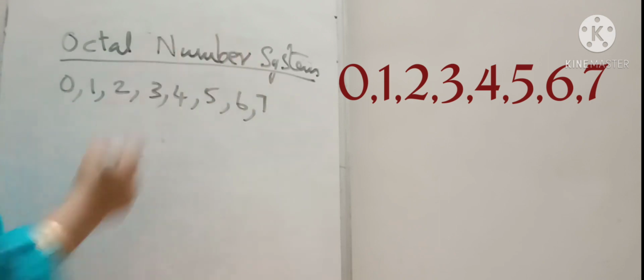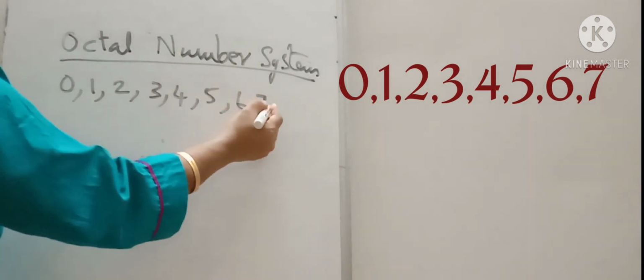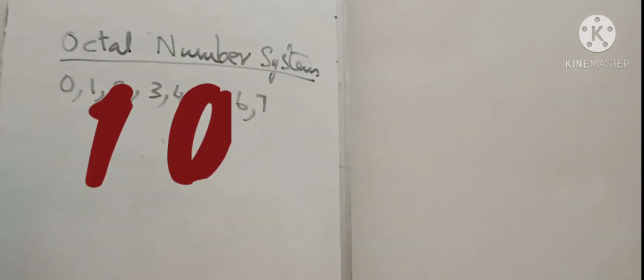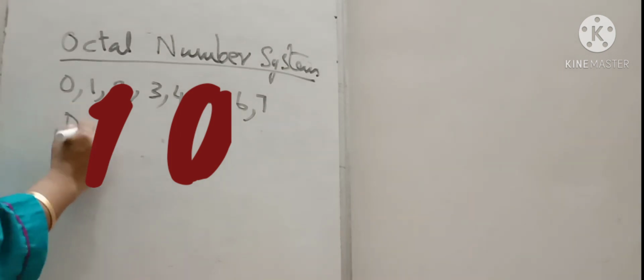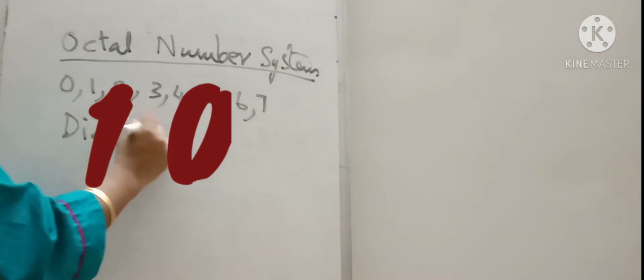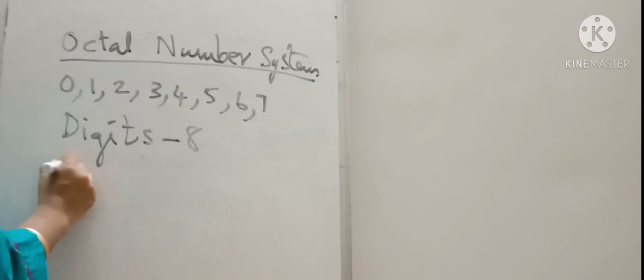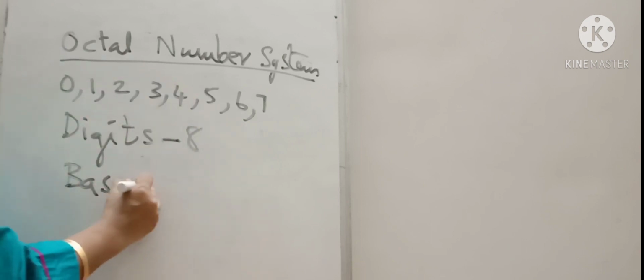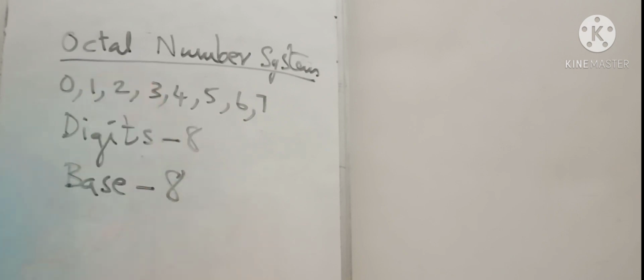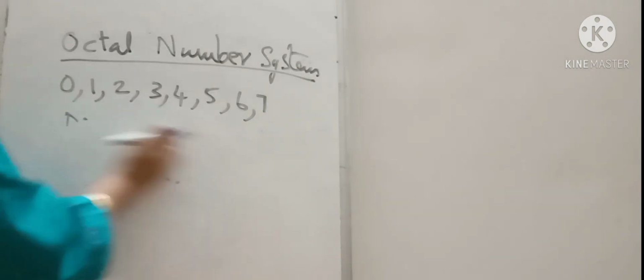There is no 8. For 8, we will use the combination of 1 and 0. Okay, for 8, we will write 1, 0. Here, total number of digits used is 8 and hence the base is 8. So, the octal number system uses 8 digits and the base is 8.